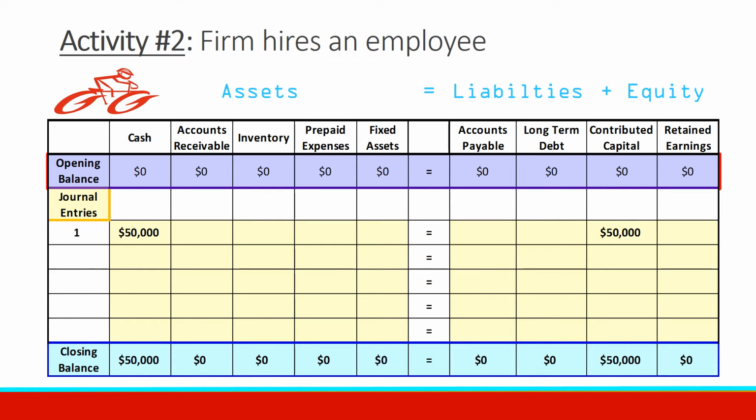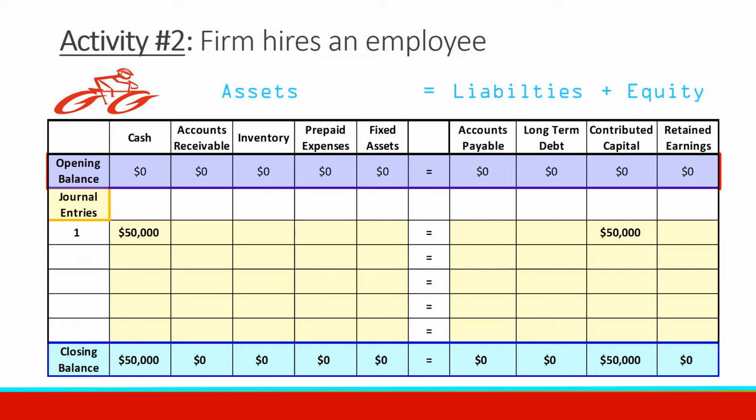We're now going to move on to activity number 2. The firm is going to hire a new employee. But let's look at something. We haven't entered a new journal entry. Why is that? We are only going to enter journal entries into the books when there is a change in the economic value of the firm. One way that there's a change in economic value of the firm is that cash goes up and down, or it could be the value of some other account on the balance sheet has changed.